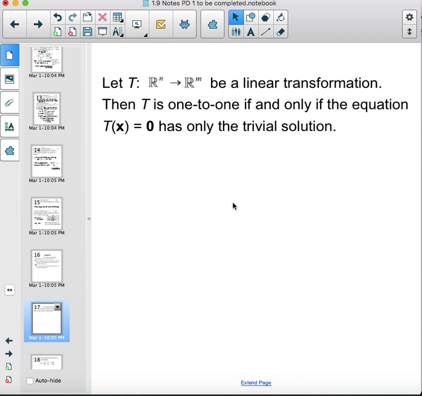Even if you had a 3 by 2 matrix A, where the first column is 1, 0, 0 and the second column is 0, 1, 0, and then you had AX equals 0, you would quickly see that both x1 and x2 have to be 0. Only the trivial solution exists.